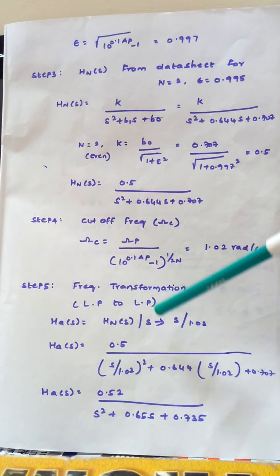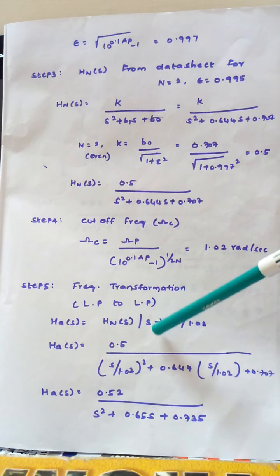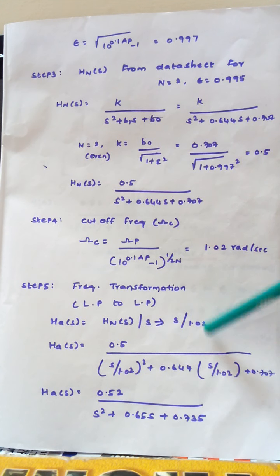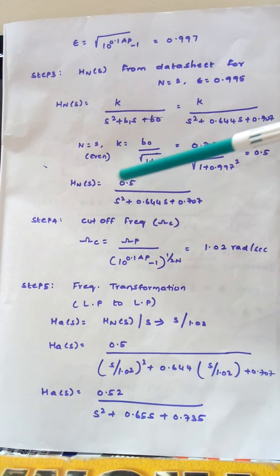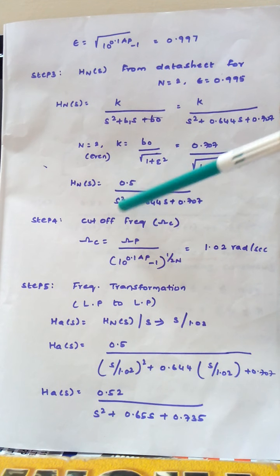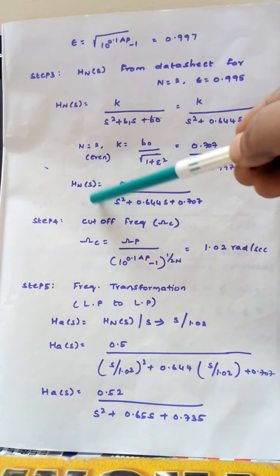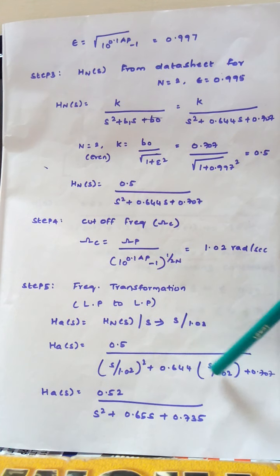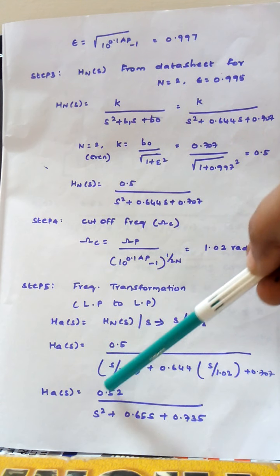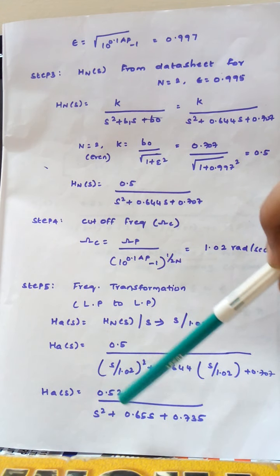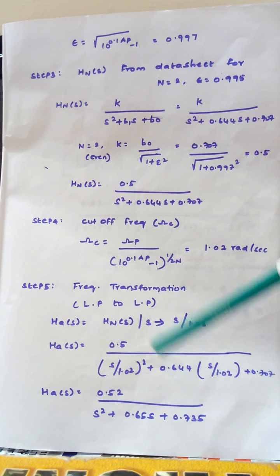For low pass to low pass, S will be replaced by S by omega C, where omega C is 1.02. So we replace s by s by 1.02 in this transfer function, and we get HA of s is 0.52 divided by s square plus 0.65 s plus 0.735.